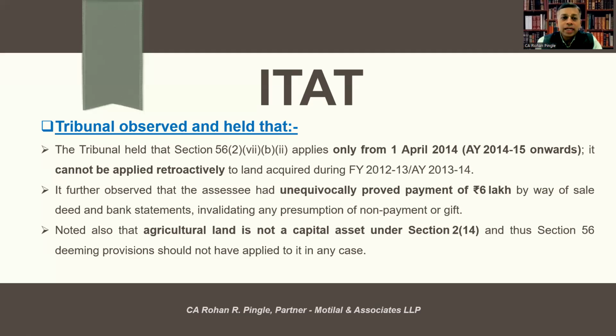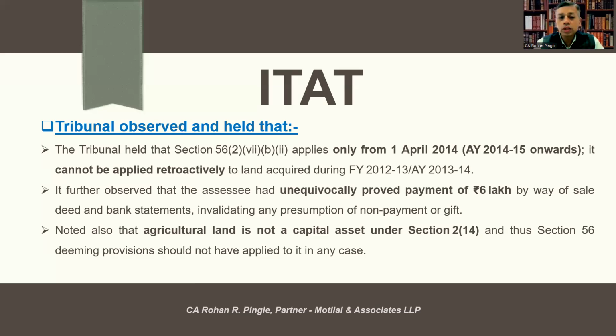The tribunal held that section 56 subsection 2 clause 7 subclause B Roman 2 applies only from 1st April 2014, that is relevant to AY 14-15 onwards. It cannot be applied retrospectively to land acquired during the financial year 2012-13, corresponding AY 13-14.